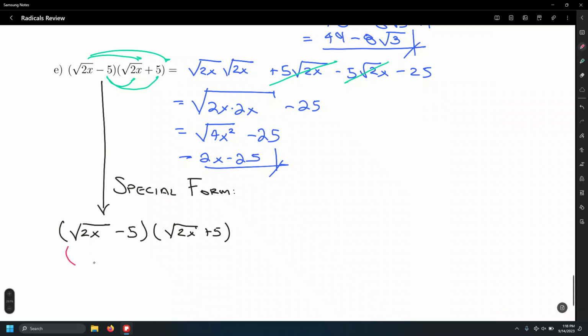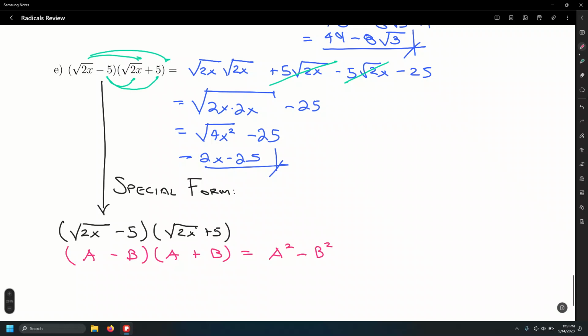This looks a lot like a minus b times a plus b. Doesn't that look like that? What is that? Difference of squares. So what is that equal to in algebraic form? a squared minus b squared.